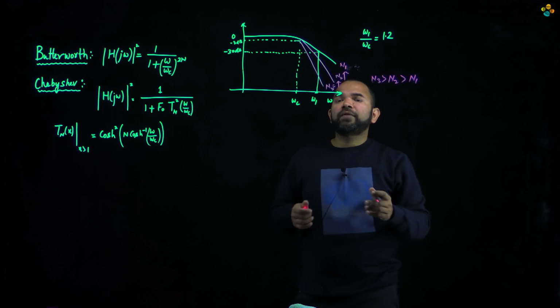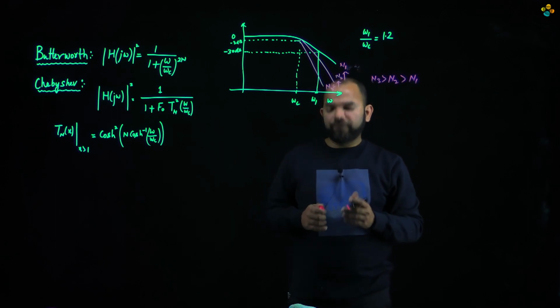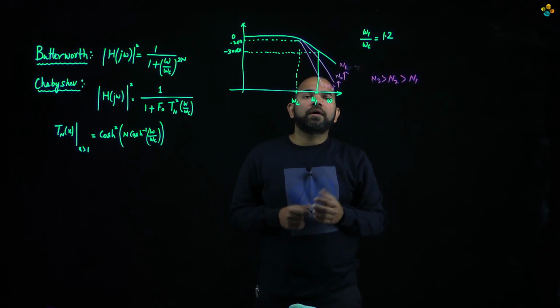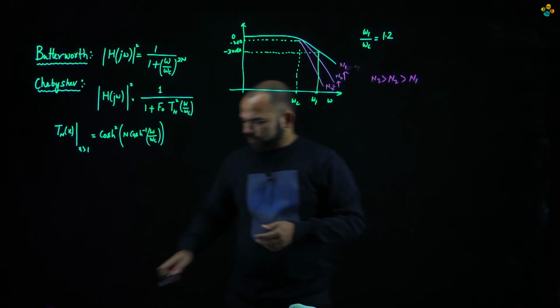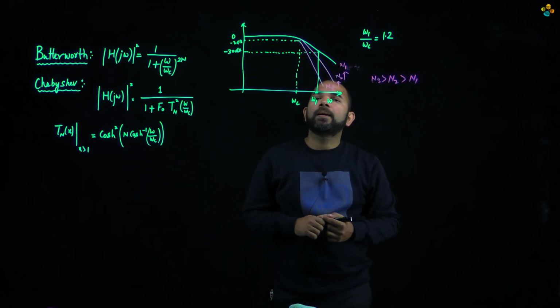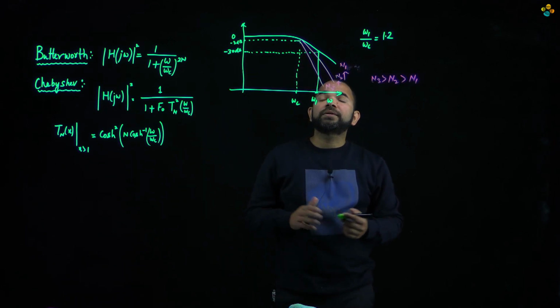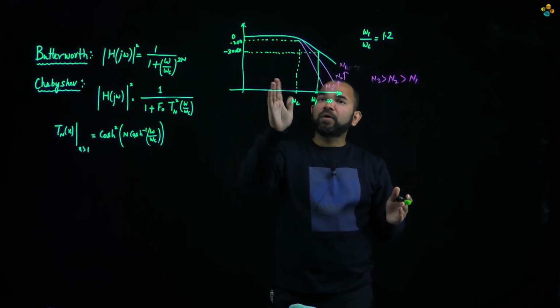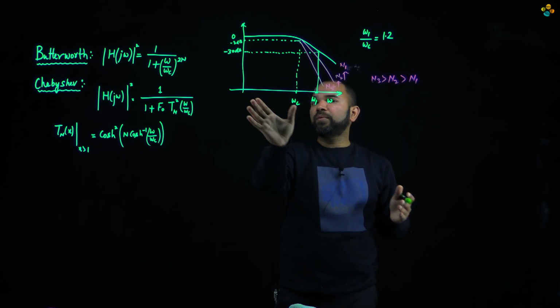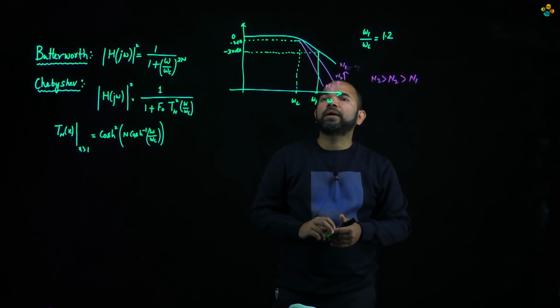We have seen that the order of the filter is basically the number of elements in our filter. So if you are somehow able to increase the roll-off factor, then with the same number of orders you are compacting your design.